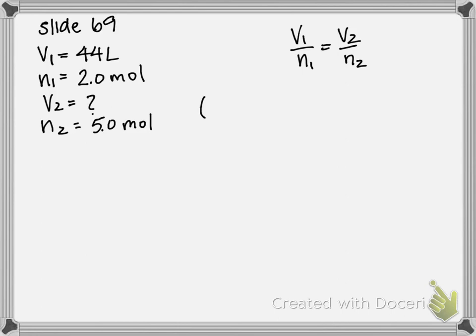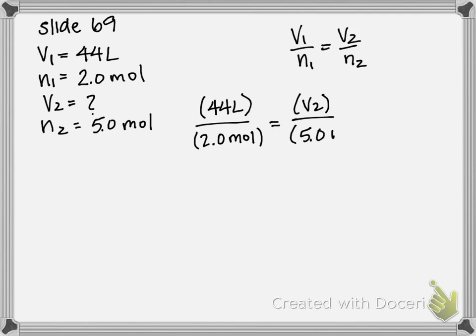So our first volume, 44 liters, over our first mole amount, which is 2, is equal to our V2, which is what we're looking for, over n2, which is 5 moles. We're going to cross multiply here and get 220 is equal to 2 moles times our V2.